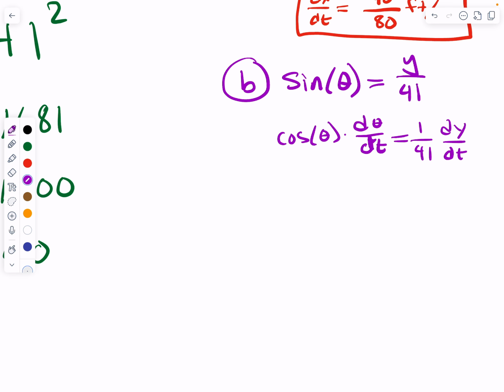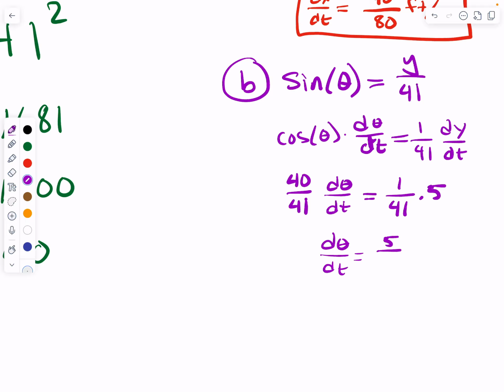So the cosine of the angle is 40 over 41 times d theta over dt is equal to 1 over 41 times 5. That means d theta over dt is equal to 5 over 40, which is 1 over 8. And the units there are going to be radians per minute.